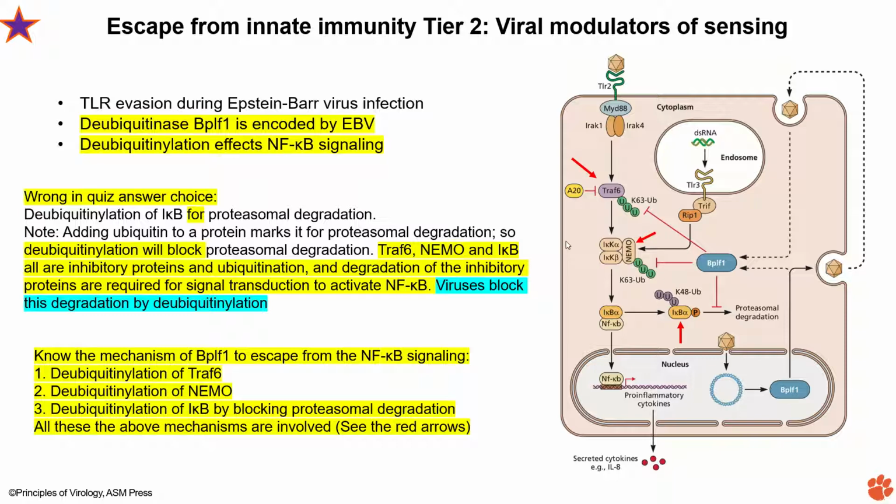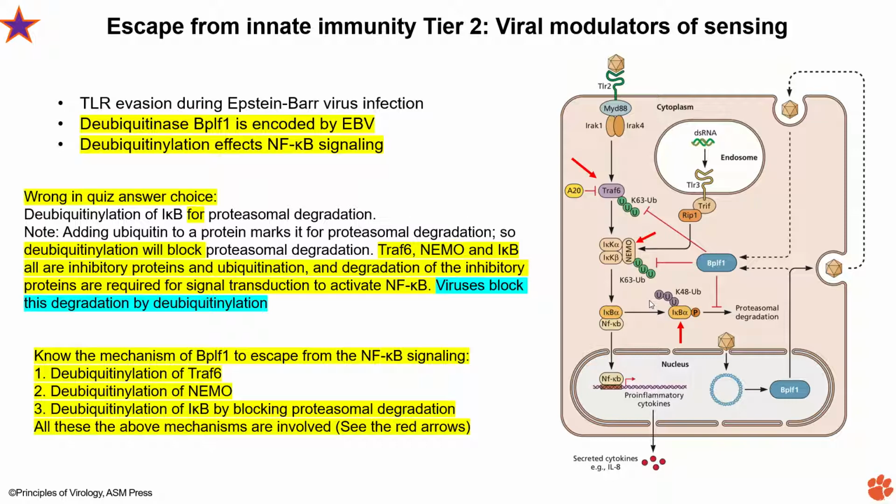So when they are present, they are inhibiting the whole signaling pathway. So upon viral detection, what the cell needs to do is ubiquitinate or add these ubiquitins. As soon as you add a ubiquitin tag to a protein, it is marked for proteasomal degradation.